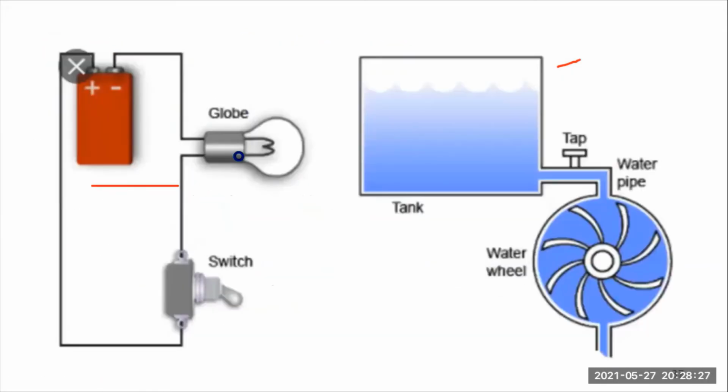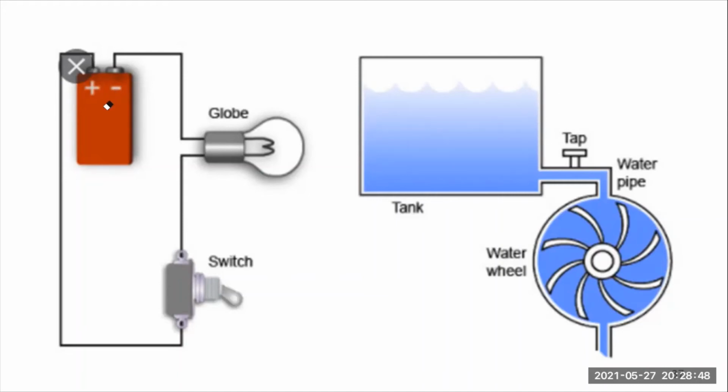Suppose I assume that I am going to maintain the height of the water tank a little bit more. If I maintain a large height, what is the speciality? Potential energy will be increased. Because of that, current flow will increase.